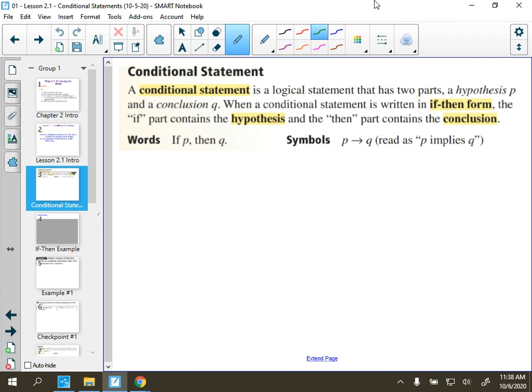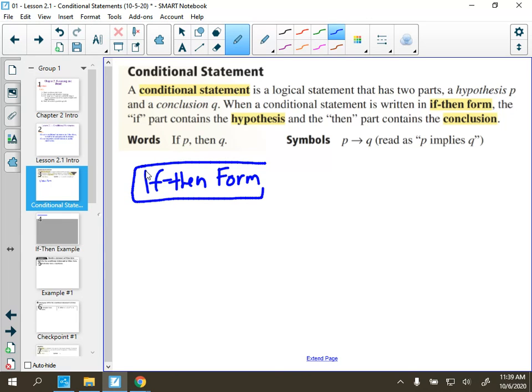We are going to work almost exclusively with if-then form. So that's another vocab word that we talked about under this blanket of conditional statements. A conditional statement is very broad.